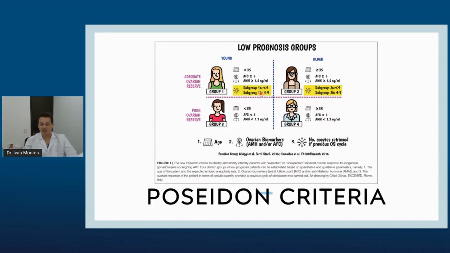So this classification offers a possibility to improve the stratification of poor ovarian patients, which might potentially improve the study design and help to fine-tune the treatment for exactly the type of patient that you might find.